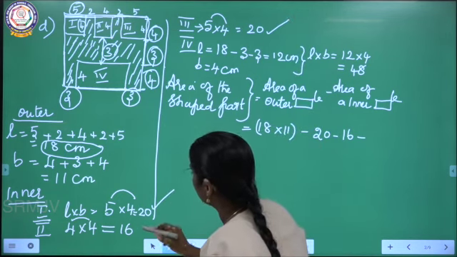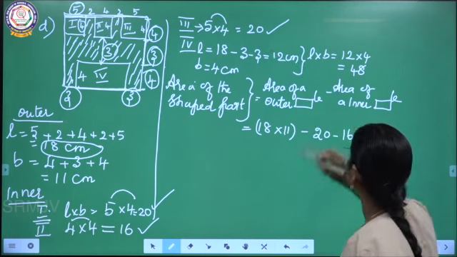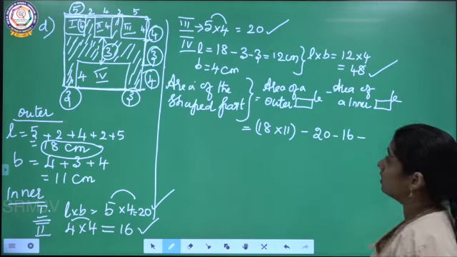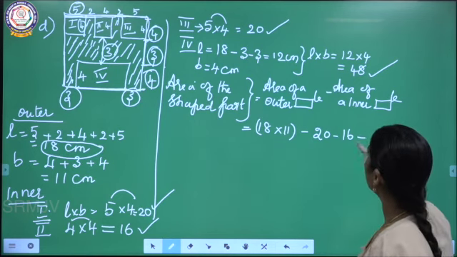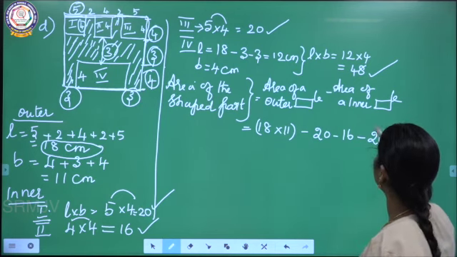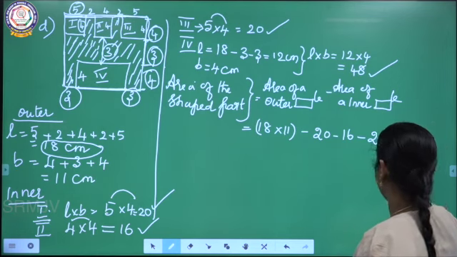See, this is your first rectangle and this is your second rectangle and this is your third rectangle and this is your what? Fourth rectangle. So, minus 20, minus 16, minus 20. Next, what is that? Minus 48.